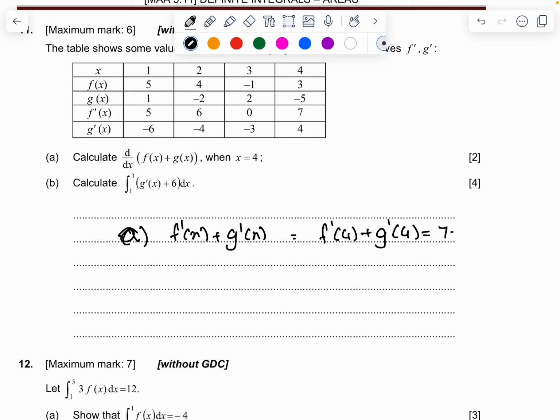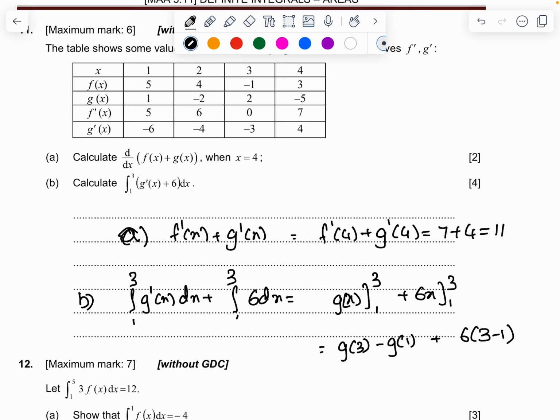Now coming to part B, integral of 1 to 3 g prime x dx plus integral 1 to 3 6 dx. Integral of g prime x will become g of x from 1 to 3 plus 6x from 1 to 3. So g of 3 minus g of 1 plus 6 times 3 minus 1.